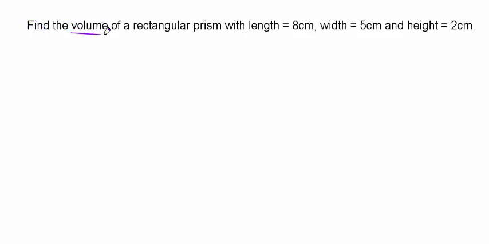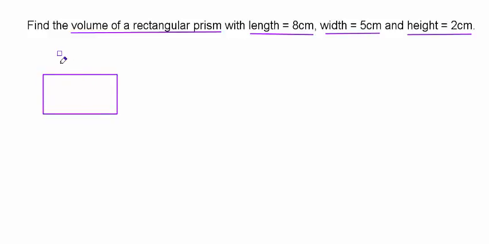Find the volume of a rectangular prism with length equal to 8 centimeters, width equal to 5 centimeters, and height equal to 2 centimeters. So we have a rectangular prism, not necessarily drawn to scale, and I hope that doesn't matter as long as we do the problem right.